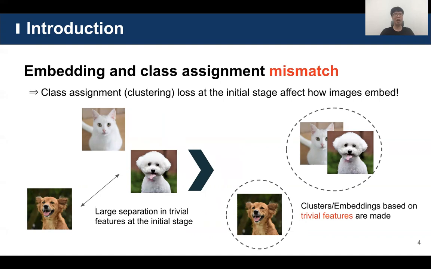Since the class assignment loss directly affects how images are embedded, jointly optimizing these tasks can lead to a mismatched result. In fact, mismatches are common. For example, clusters are found by trivial traits such as colors rather than object shapes. While some models propose using Sobel filtered images to avoid trivial clustering, filtered images may lose crucial information.